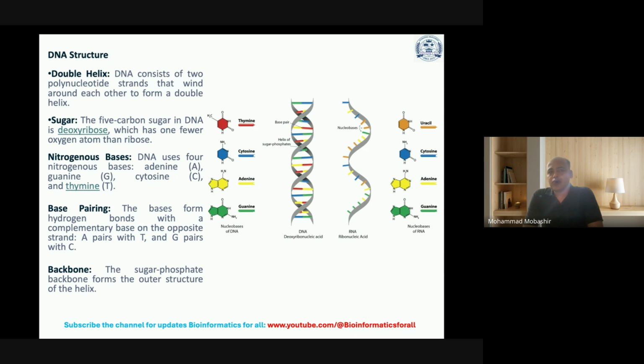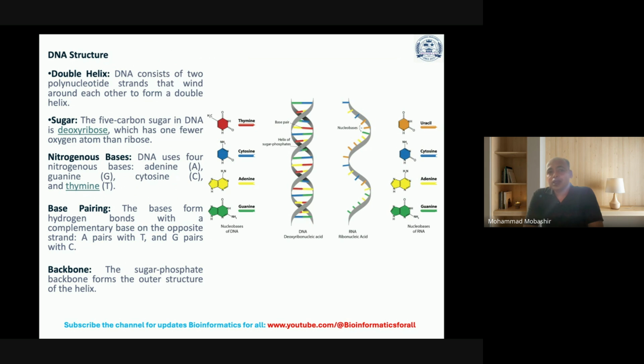DNA consists of two polynucleotide strands that wind around each other to form a double helix. Sugar: the 5 carbon sugar in DNA is deoxyribose, which has one fewer oxygen atom than ribose. So this is another difference which you need to remember, that it is deoxyribose which has one fewer oxygen atom with respect to ribose, which is present in RNA.